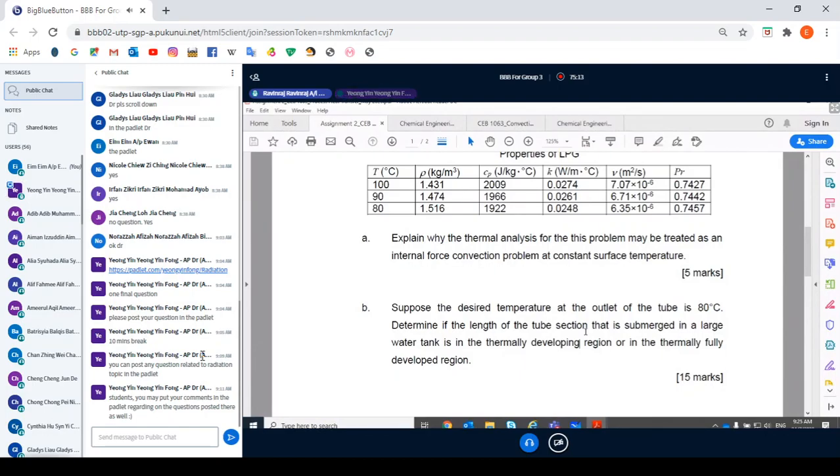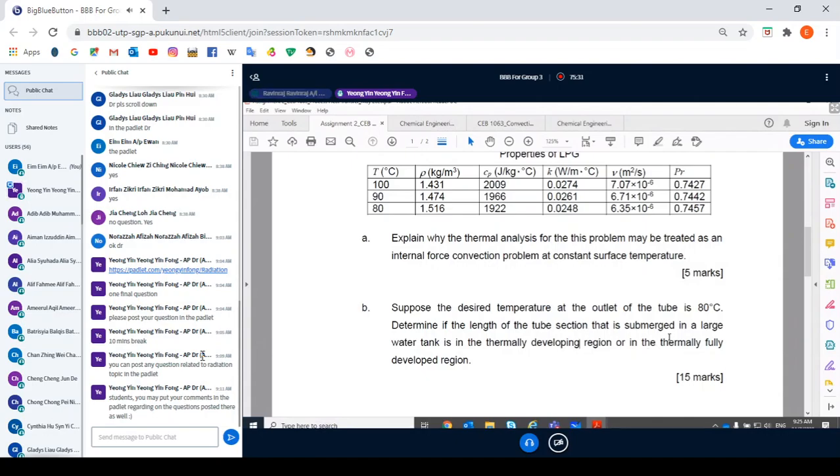After we prove it is a developing region, when we're calculating the real length of the pipe, we use the length we obtain from the thermally fully developed region. Why are we taking that value? That is the question.